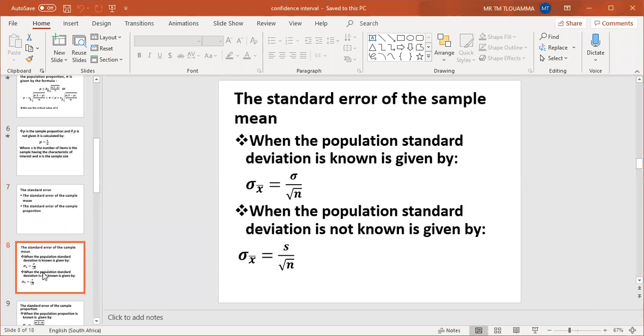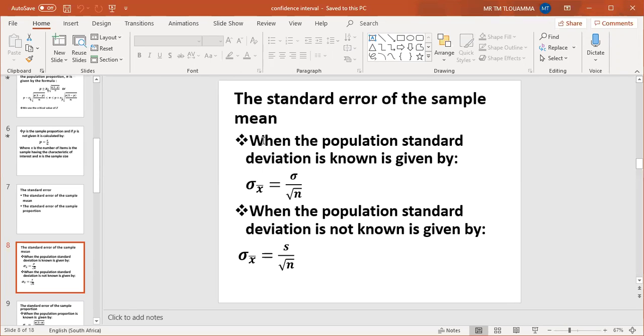So with the standard error, we have the standard error of the sample mean and also the standard error of the sample proportion. As I've already indicated, you must not worry about the statement, but at the end of the statement, they will ask you what to calculate: either the population proportion, the standard error, or the marginal error. All you have to know is which formula you are going to apply.